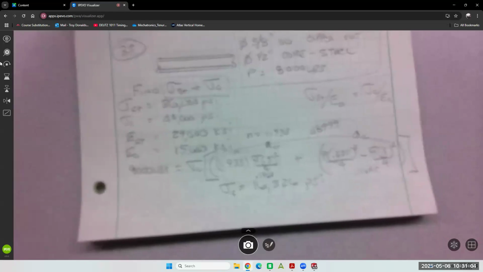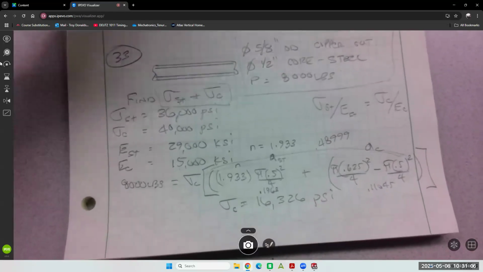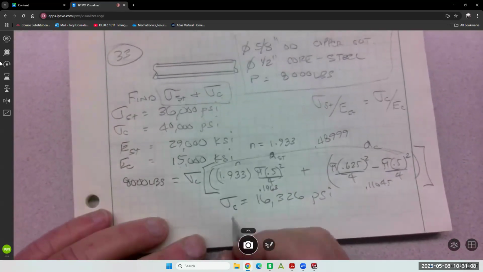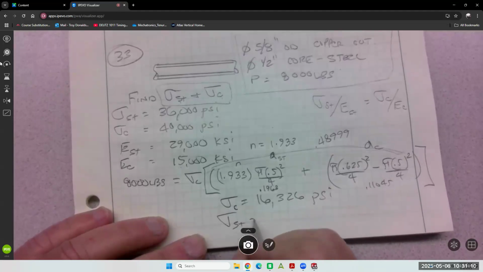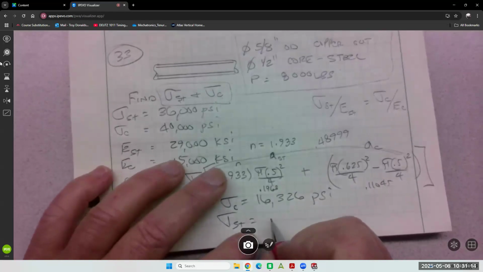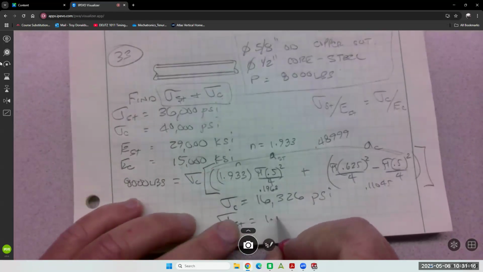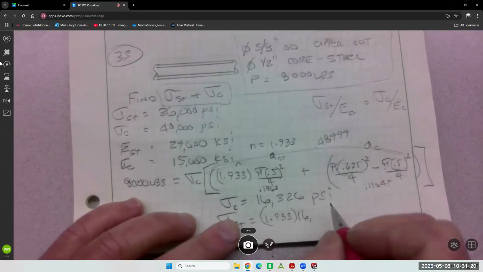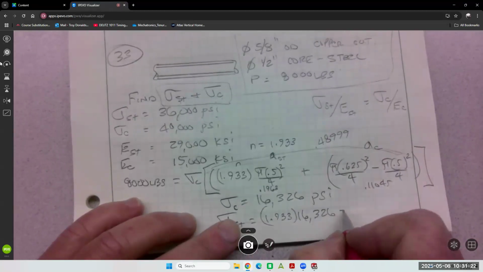So now that we have the stress of the weaker material, we take n times it to get the stress in steel. I'll write it out: 1.933 times 16,326 equals.